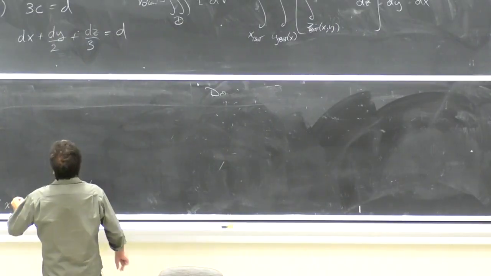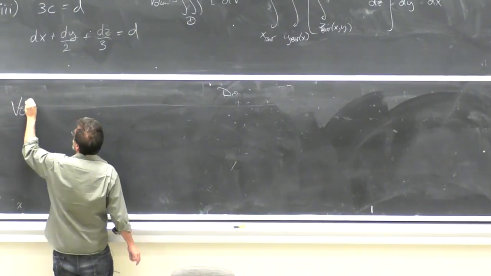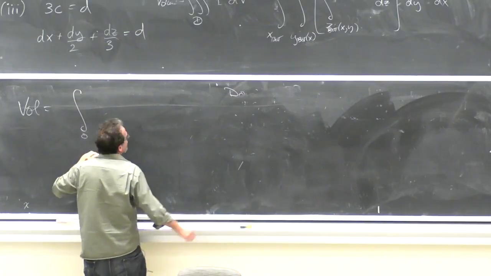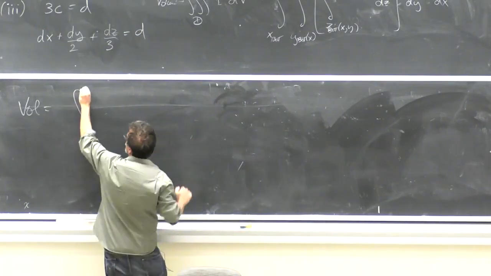Okay, so the volume is equal to the integral from x bottom, I said is 0. It's pretty clear from that picture it's 0 to 1.